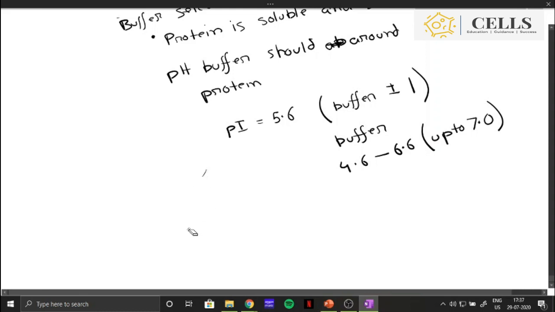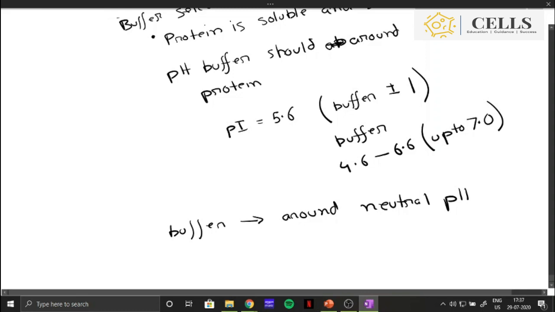What they have shown is that generally the buffer stays around neutral pH. So buffer revolves around the neutral pH.